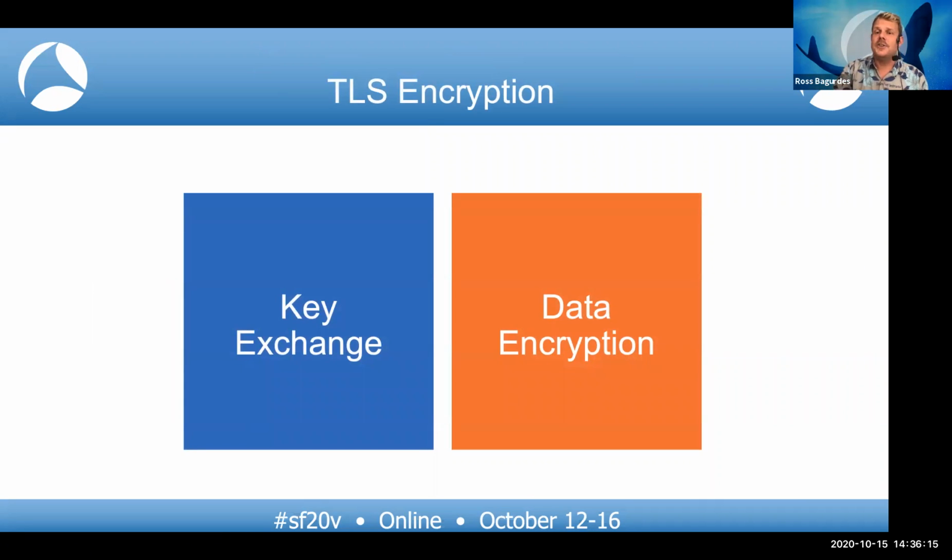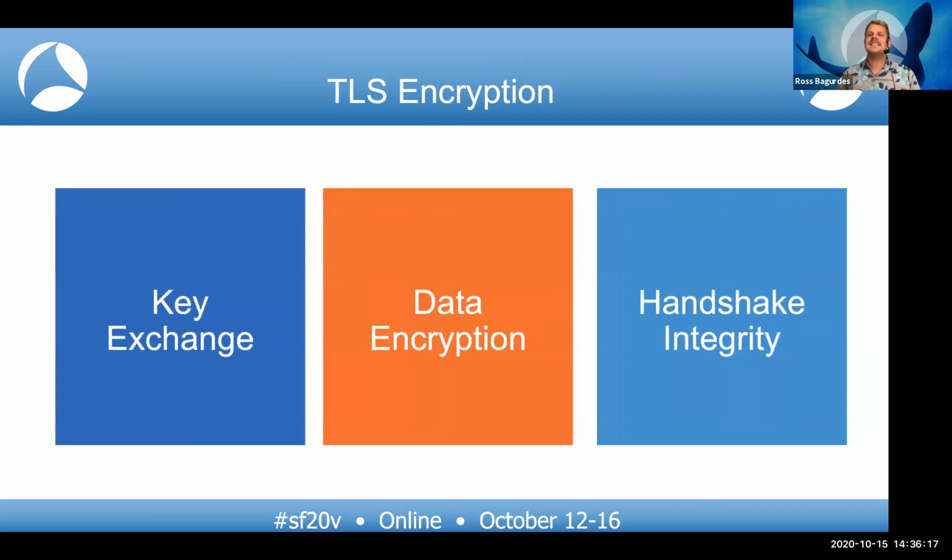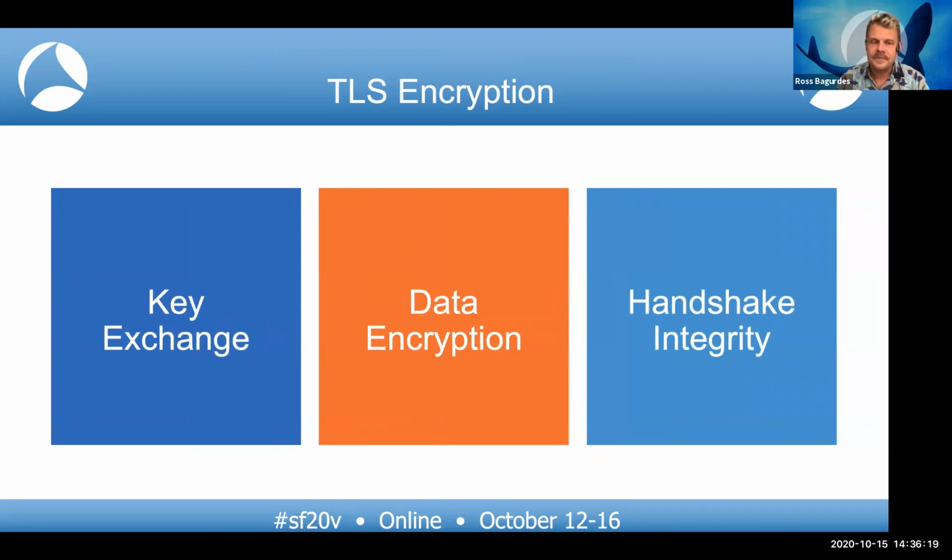So now we get to another component here, and that's handshake integrity. In order to make sure that no one has interfered with our communication, like a man in the middle, we have some handshake integrity that we're implementing here to make sure that no one's touched our stuff.